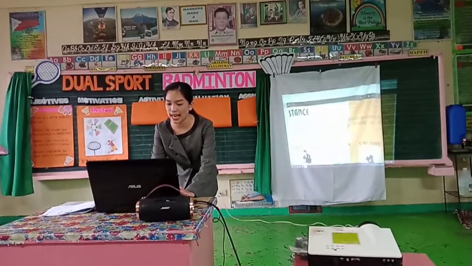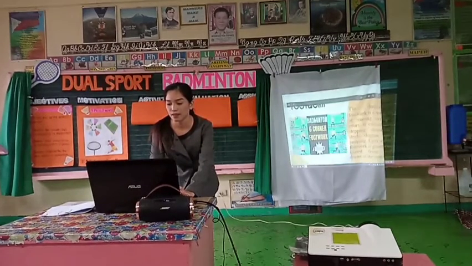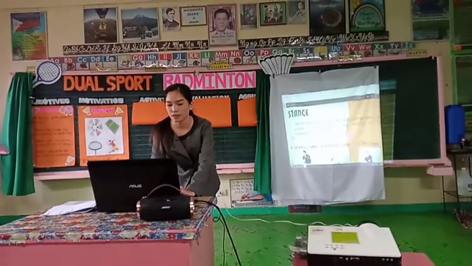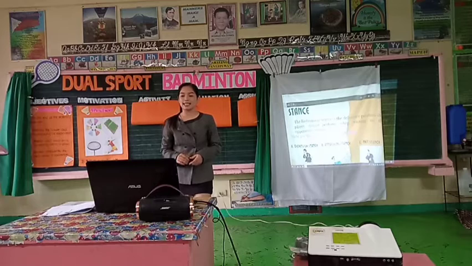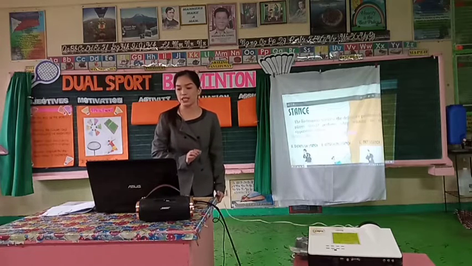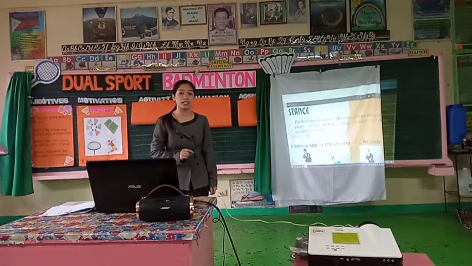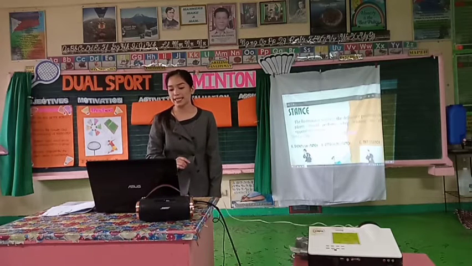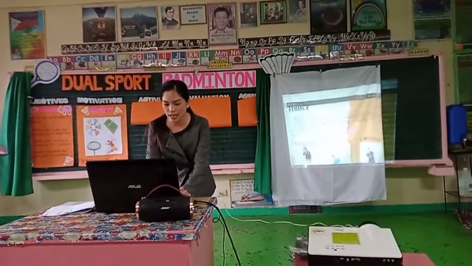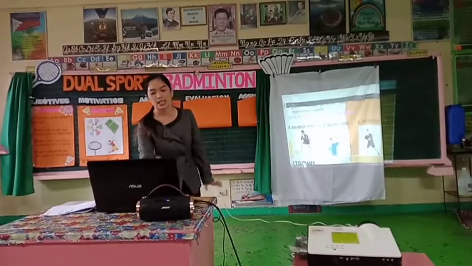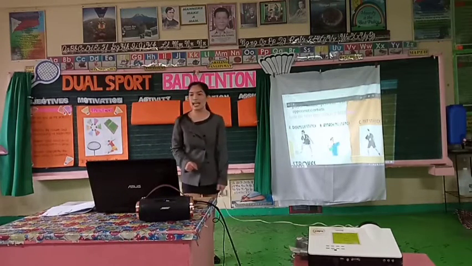Next is the stance. The badminton stance is the defensive position that a player should perform when waiting on their opponent's return. There are three basic stances in badminton. First is the defensive stance, second is the attacking stance, and third is the net stance.